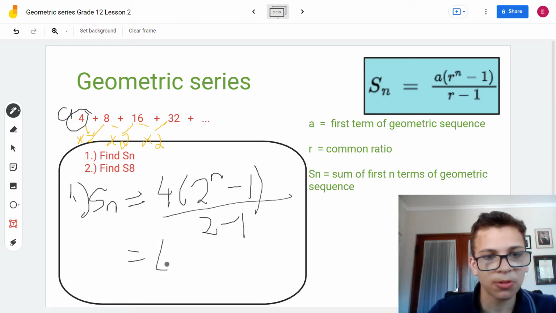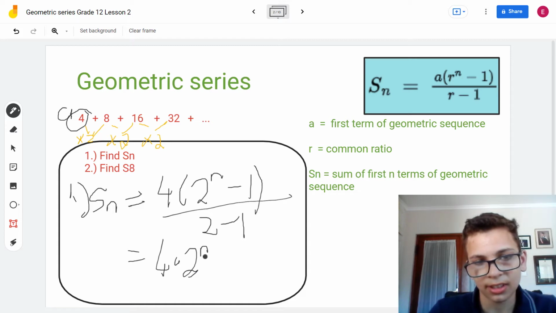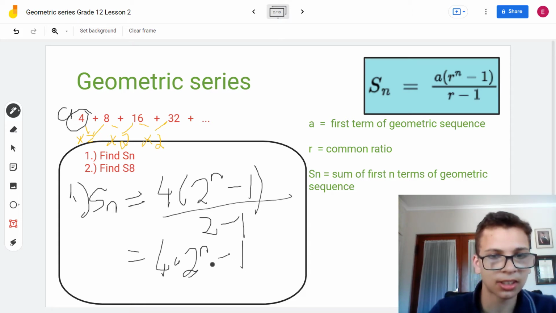We get 4 times 2 to the power of n minus 1, minus 4, sorry, because the 4 goes into the 2 to the power of n and to the minus 1.